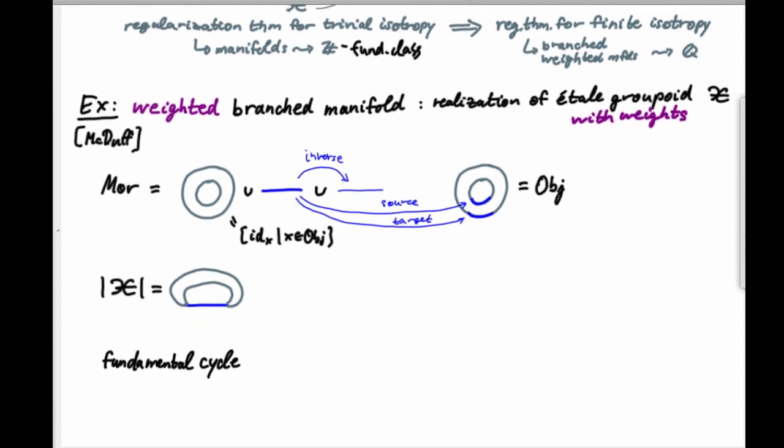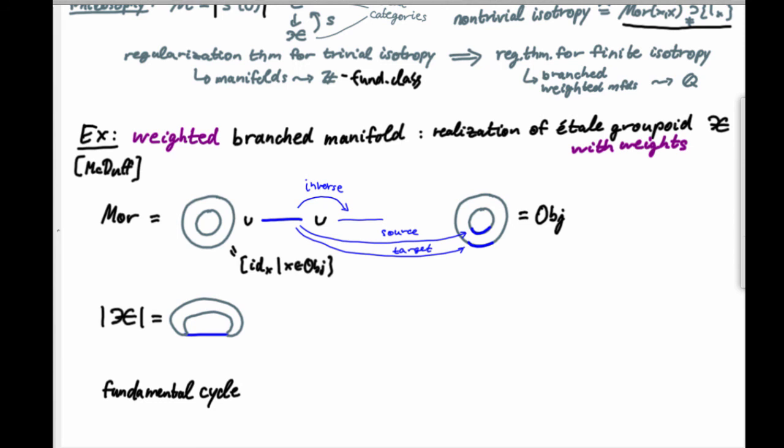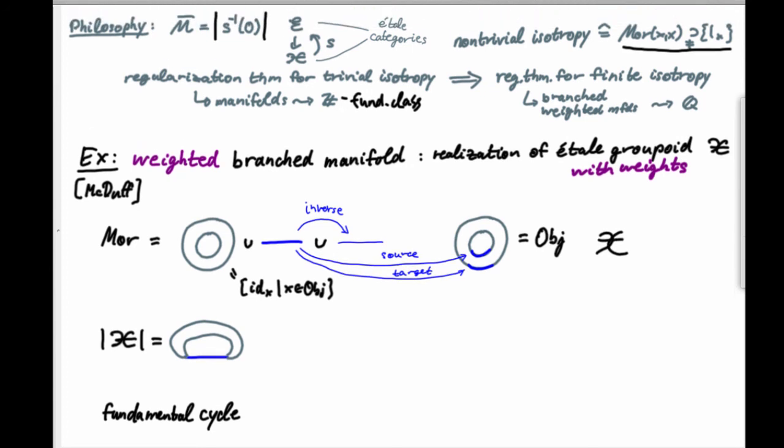So here's that same branched manifold, except now I'm going to think of this branched manifold as, maybe not the étale category itself, but the zero set of a functor, which means it is compatible with morphisms, which means it's sort of multi-valued, as we might have to imagine.